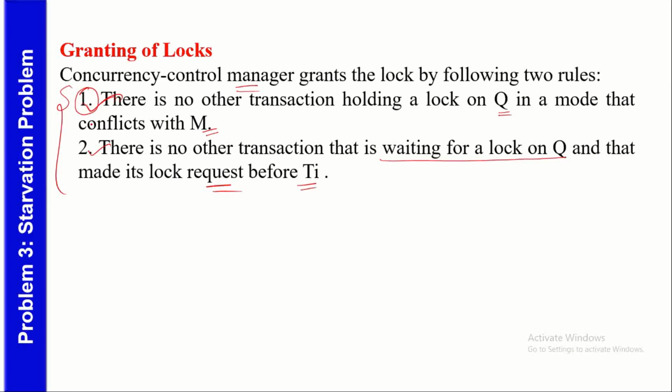Students, so what are the two rules to be followed? Whenever a transaction is requesting a lock, the concurrency control manager has to ensure that no other transaction is holding a lock on the same data item in conflict mode, and no other transaction is waiting for a lock on the same data item.